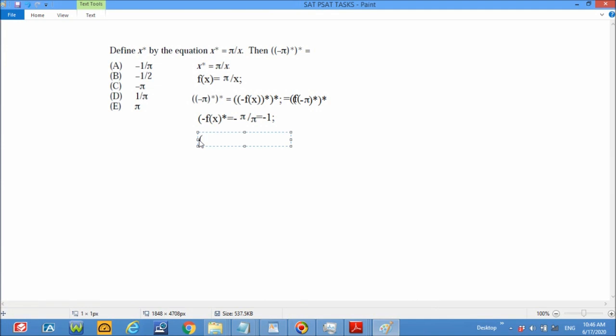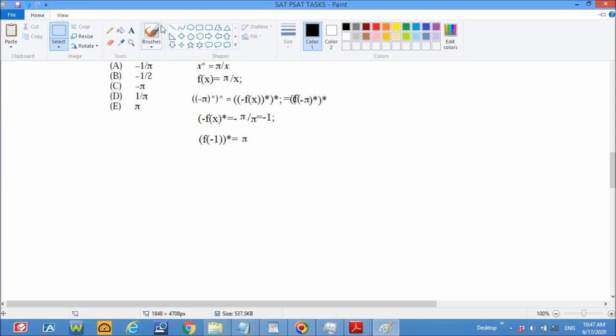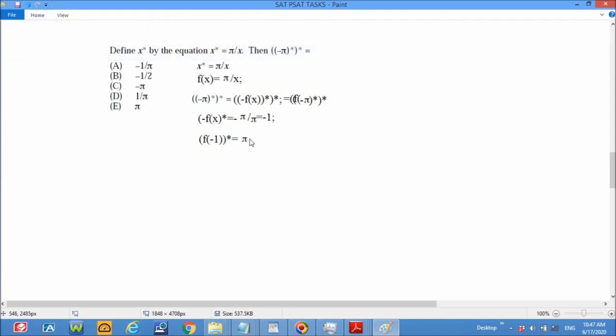And second step, this is the second pair of braces, so we have here f of minus 1 and star. So for another execution, again we need p divided on minus 1, which equals minus P. And that is the answer.